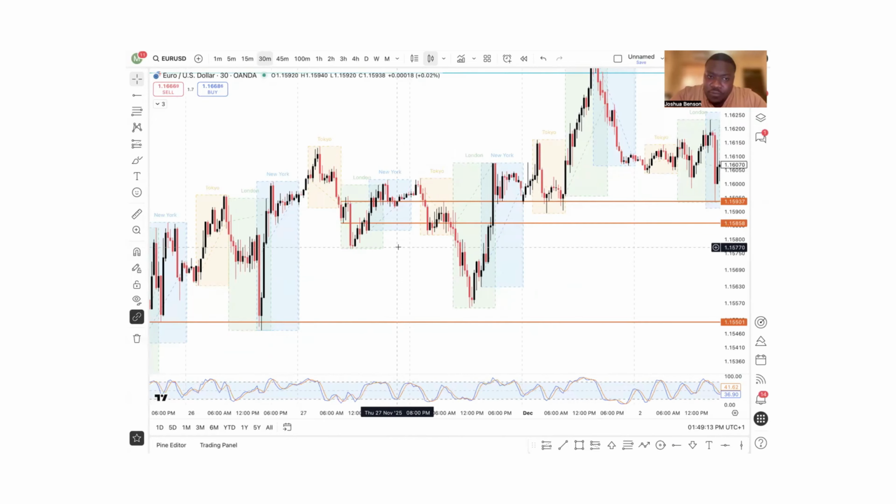This is our point of interest, the high and low of that 30 minutes candle. I'm waiting for a candlestick to close above or below it before going for an entry. If you want to buy, you're supposed to see a bullish candle, and if you want to sell, you're supposed to see a bearish candle. That's just how this strategy is.